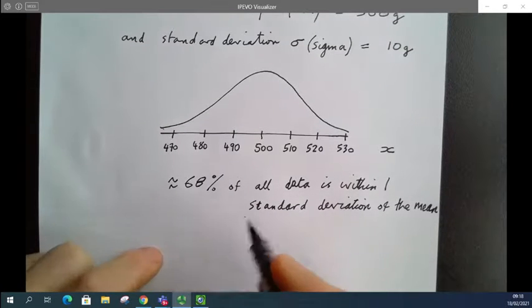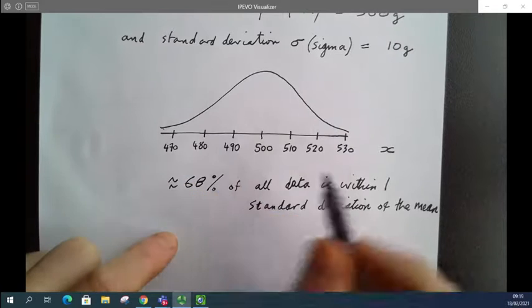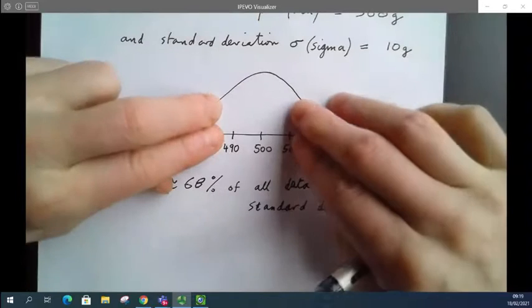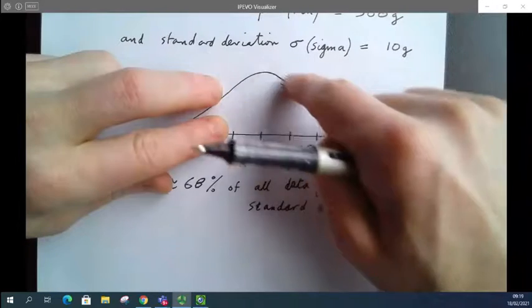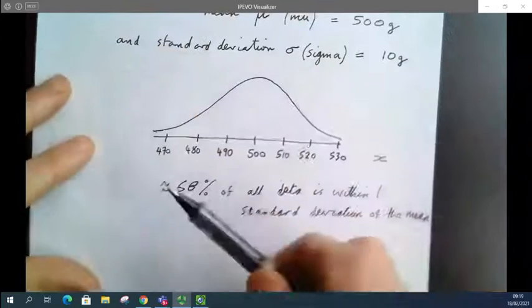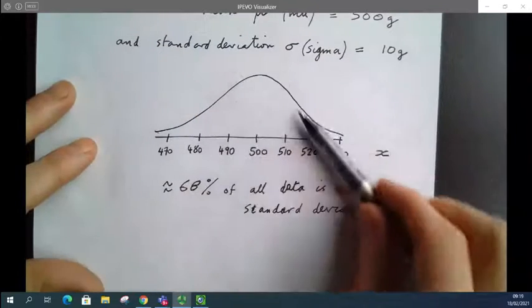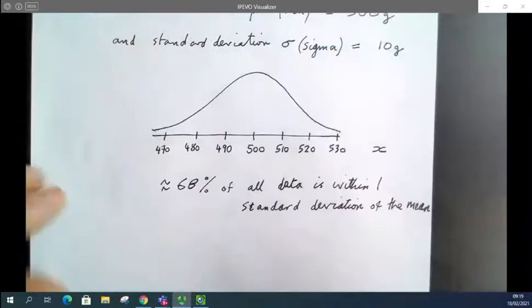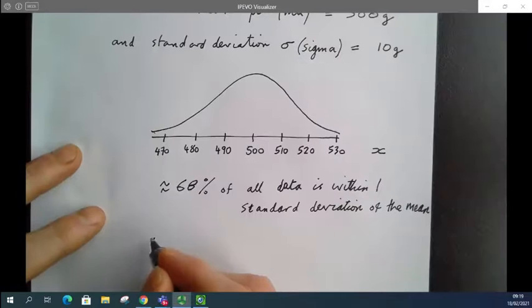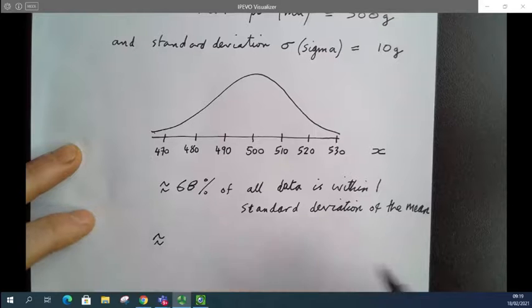Okay, so that's interesting. We know this for sure if the data is normally distributed. So between here and here, between 490 and 510, you can see that the curve is much bigger. And you can think of all of the data as the area under this curve. So most of it, in fact 68%, is within one standard deviation.